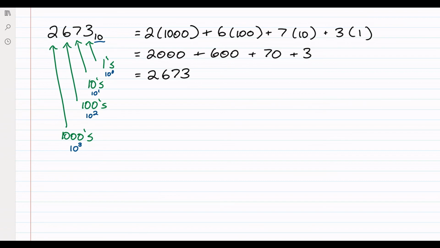That's going to be important, because if we were to look at a binary number, we wouldn't have the ones column, the tens column, the hundreds column, and the thousands column. They would be different because we only have a base of 2 in our number system. So if we look at the binary number 11010 base 2, then this column here is the 2 to the 0 column, the ones column as well.